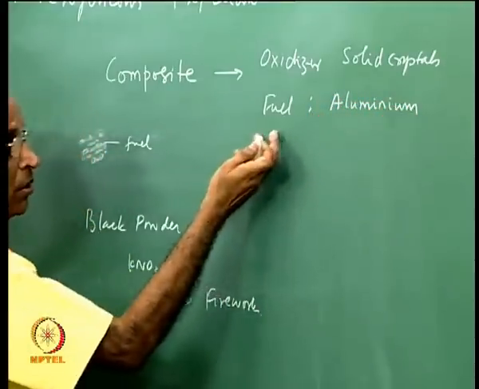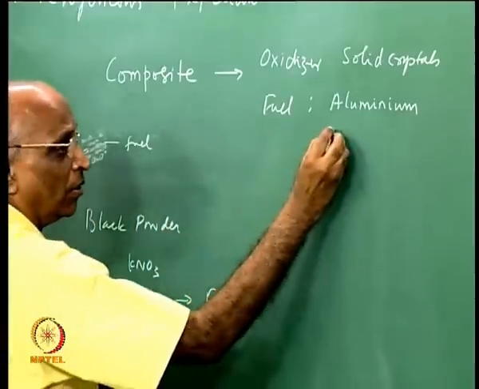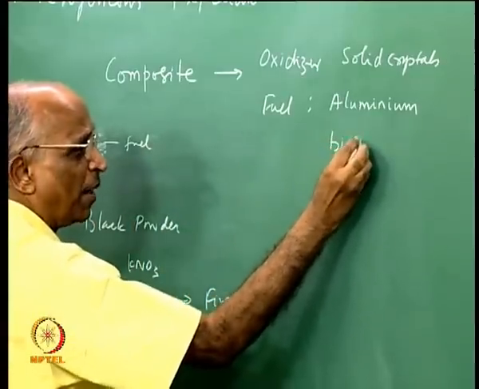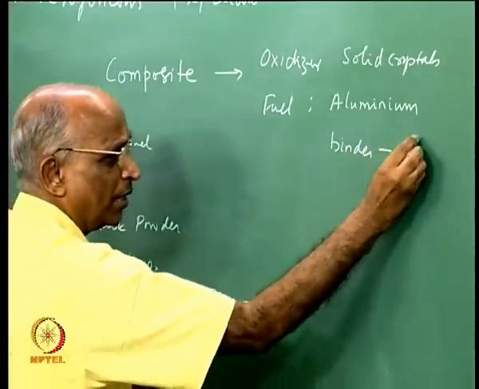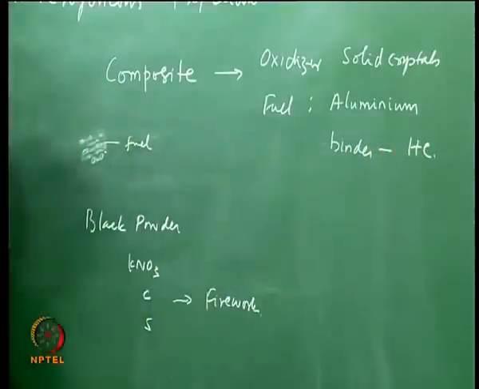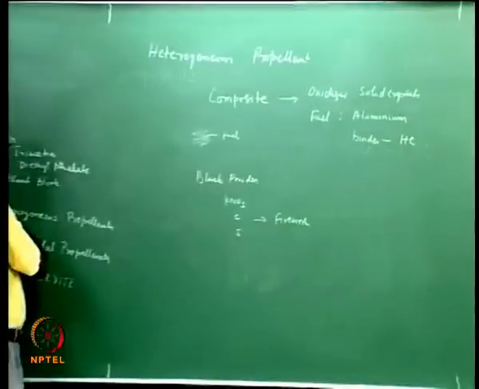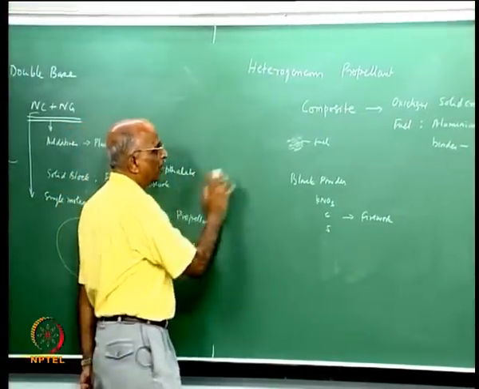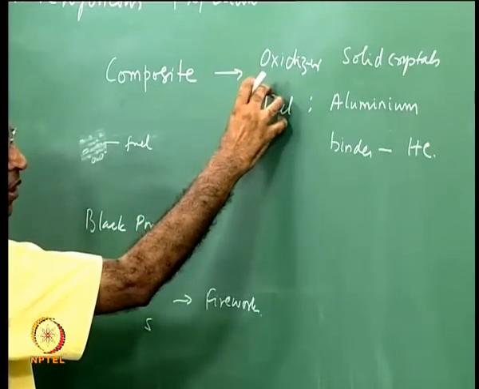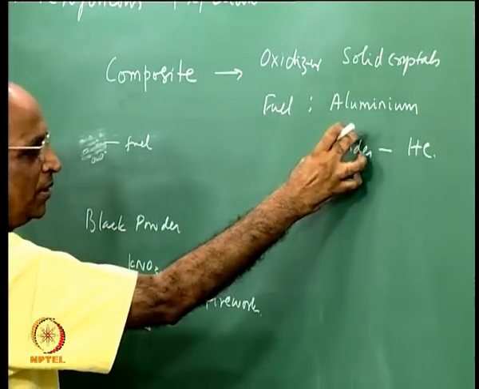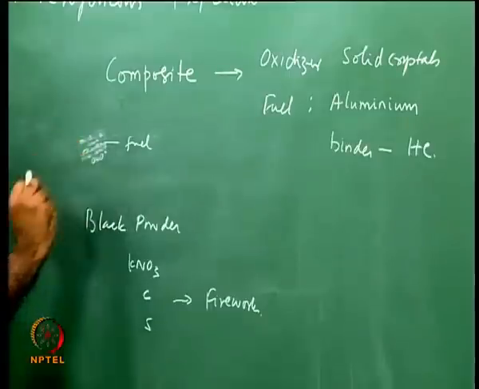The same fuel could also be the binder which binds the solid crystals and aluminum together, or it could be something like a hydrocarbon. Therefore, as distinct from homogeneous propellants, a composite propellant consists of an oxidizer, a fuel, and this fuel could also be the thing which is gluing things together.